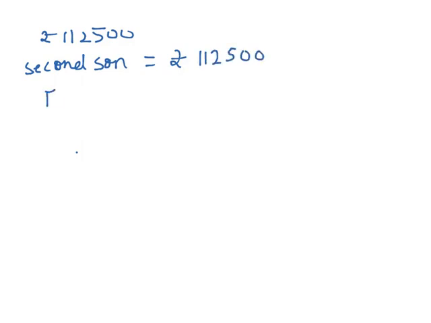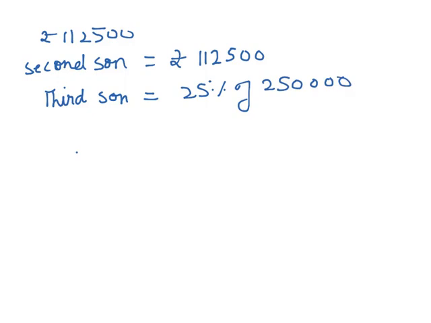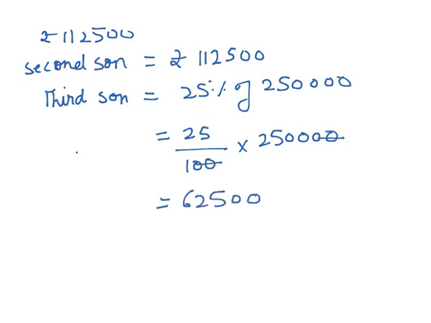Now the third son's amount is how much? It is 25%. So it means 25% of 2,50,000. So again we will solve it. It will give us 25 by 100 times 2,50,000. These two zeros can be cancelled, and 25 times 25 is 625, and then 00.